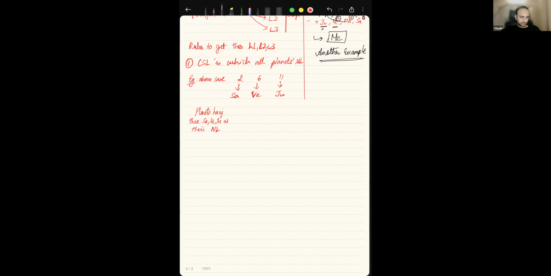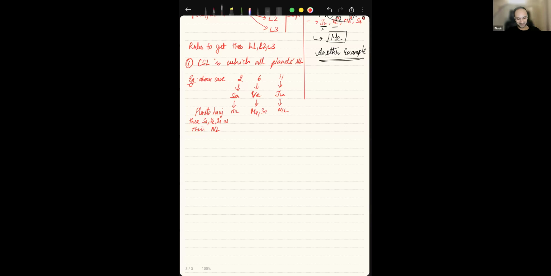Clear? I think Mars also. Yes. But Mars and Saturn. So this is nil. This is Mars and Saturn. This is nil. It's a very simple, straightforward chart.